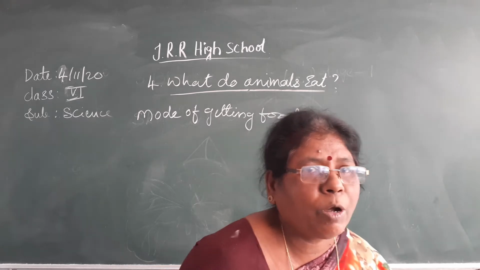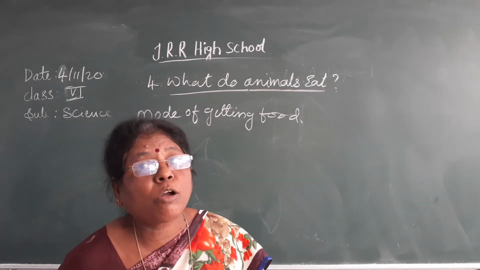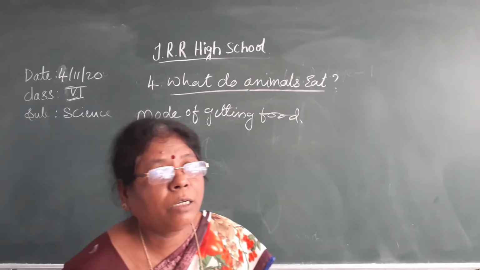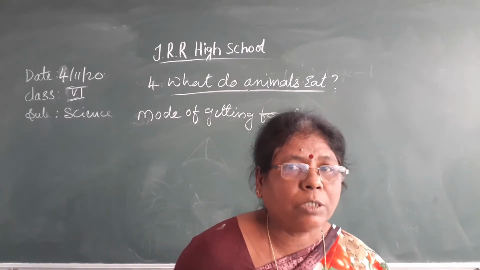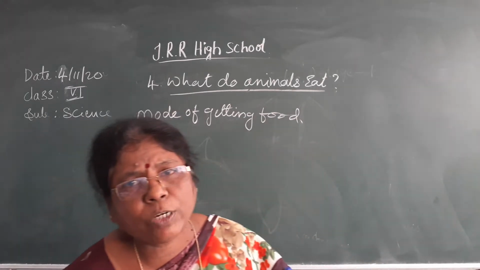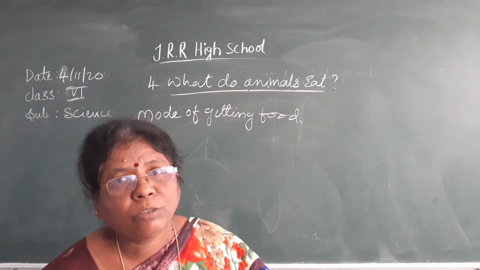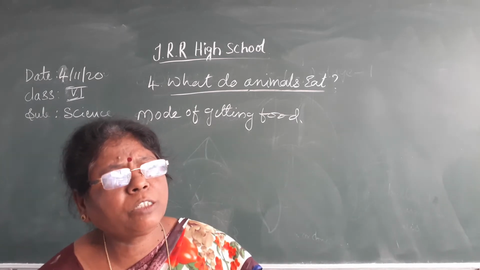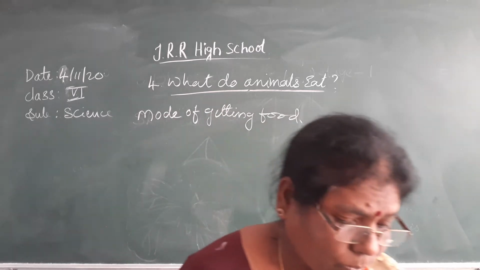Some animals use beaks, some use their strong claws and sharp teeth, and others use their tongue. So different animals use different body parts to take their food, isn't it?